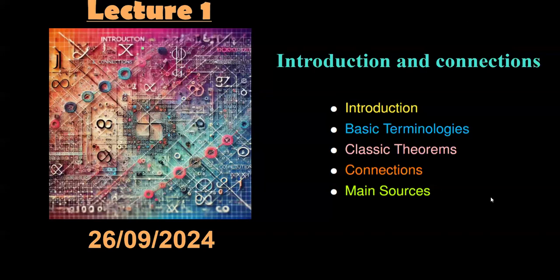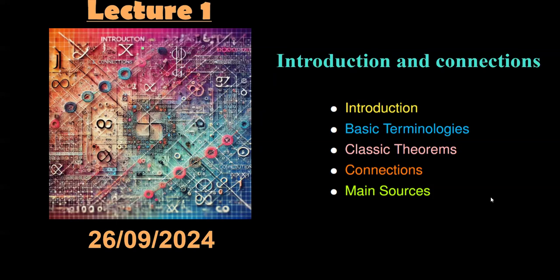Today, we will begin our journey with Lecture 1 titled Introduction and Connection, which lays the foundation for the rest of the course. We will be covering several key topics to ensure everyone is well oriented. First, I'll give a brief introduction to combinatorics on words: what it is, why it's important, and its applications.